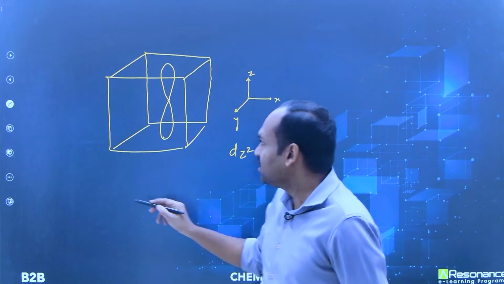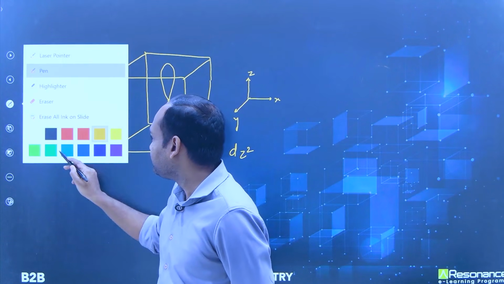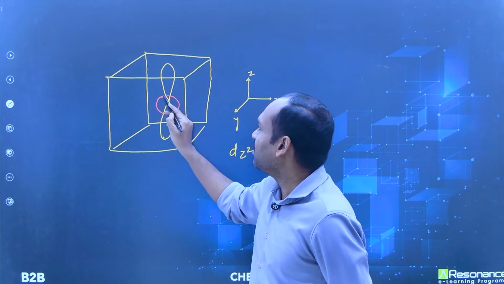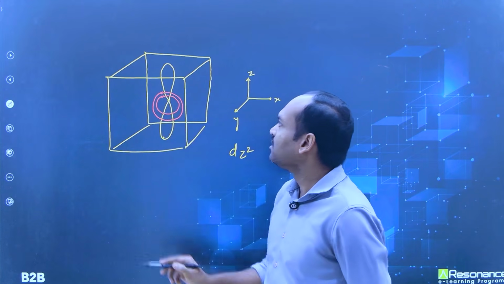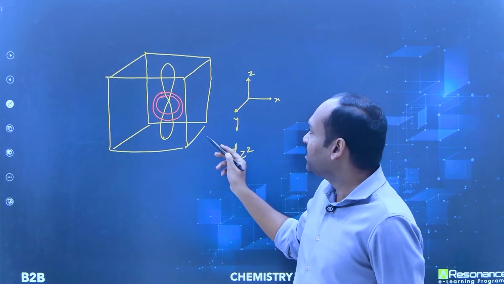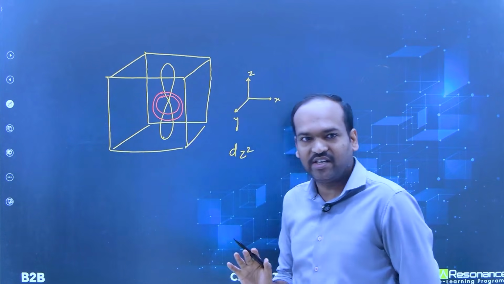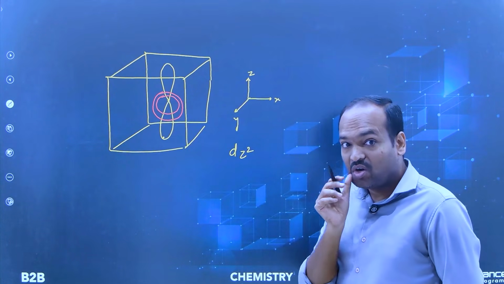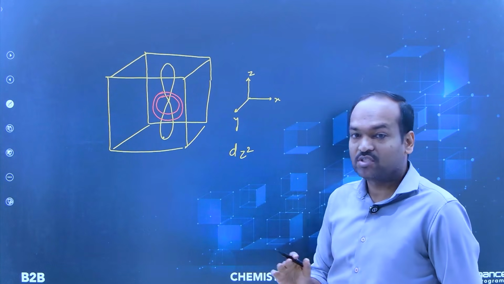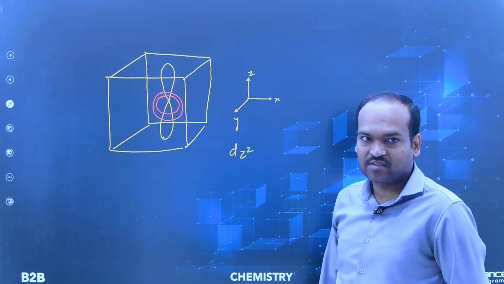Okay, next thing is: where is the electron? Here a ring is present, beta. A ring is present. This is the dz square, and where we can draw dxy and dx square minus y square, because it's axial, beta, along the z axis.